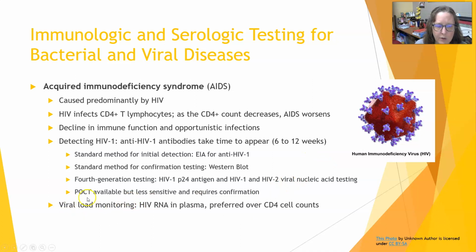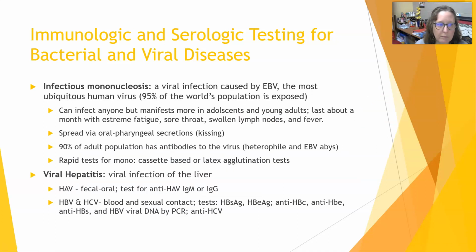And then you can also do viral load monitoring, so we can detect and monitor the HIV RNA in plasma, and this has become preferred over the CD4 cell counts, which used to be done to see at which stage the patient was and if they were entering the stage of the AIDS syndrome.